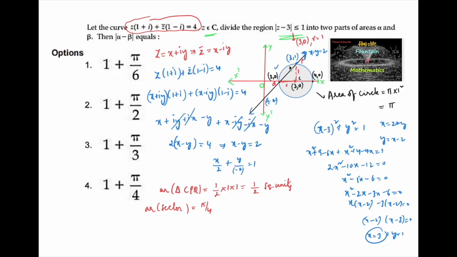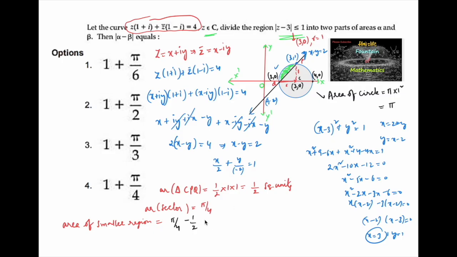So we can say the smaller region is, area of the smaller region, so this green part, is equal to, so we have total pi by 4 area of the sector, and we have to remove the area of triangle, so you'll get 1 by 2.